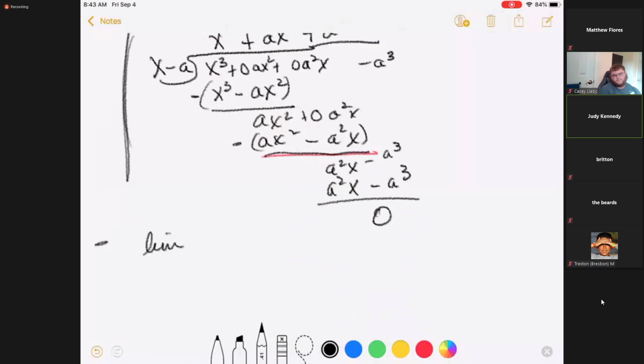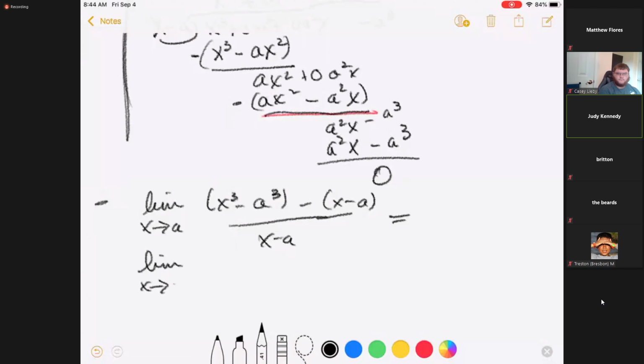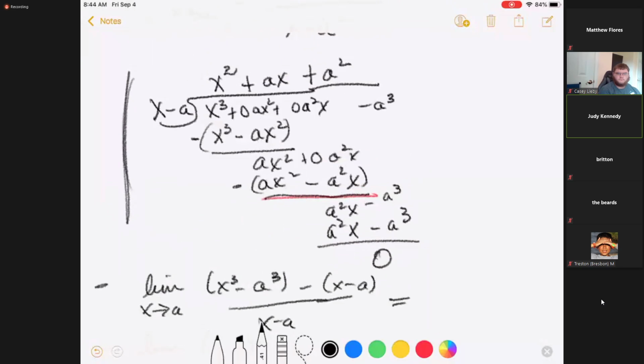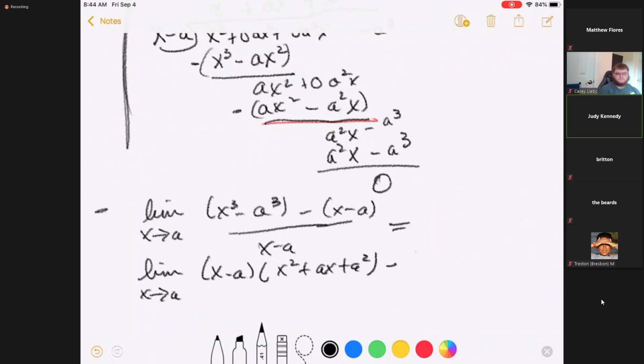So the limit as x approaches a of x cubed minus a cubed minus x minus a over x minus a is equal to the limit as x approaches a of x minus a times x squared plus ax plus a squared. I have an x minus a out there. But now look what's happened.